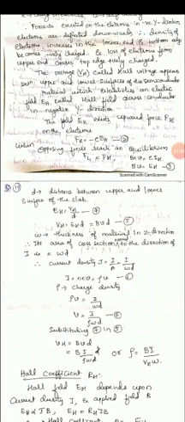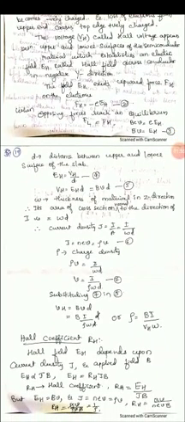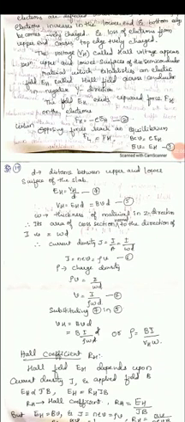The field EH exerts an upward force FH on the electrons, so FH is equal to minus e into EH. When the opposing forces reach equilibrium, FL is equal to FH.